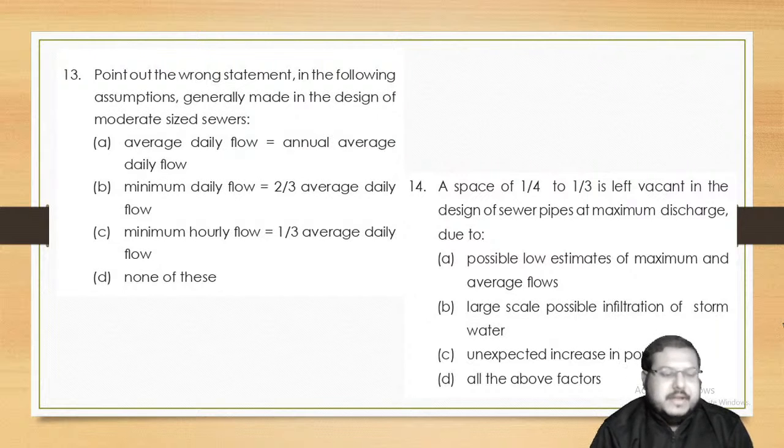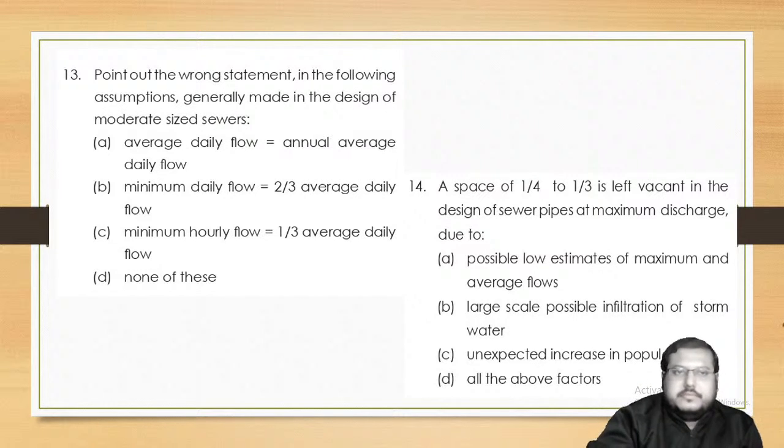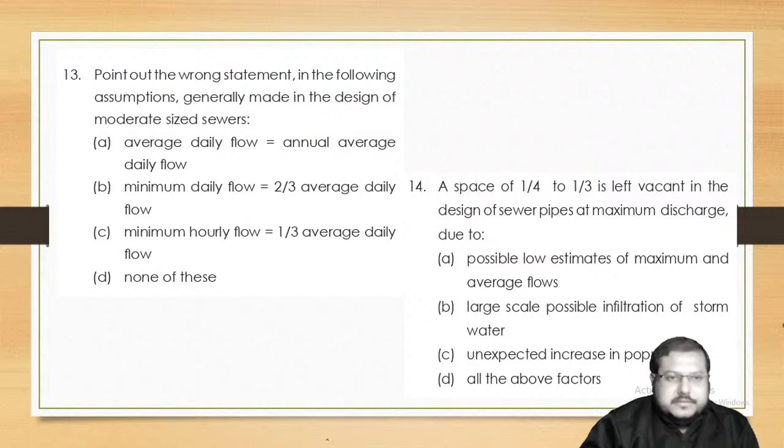That's correct. The second option is minimum daily flow equals 2 by 3 of average daily flow. That is also correct. Minimum hourly flow equals 1 by 3 into average daily flow. That is also correct. So none of these will be your answer.